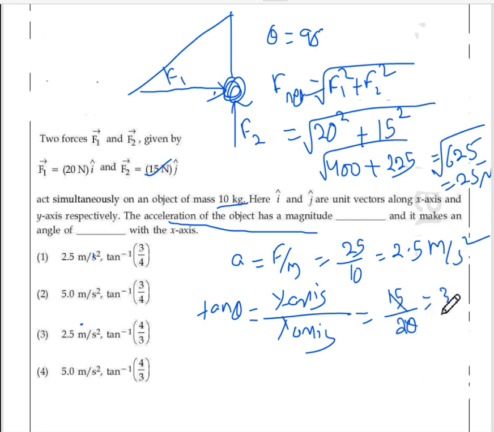So it will cancel and become 3 by 4. So theta will become simply tan inverse 3 by 4, which is option A, indicating that acceleration is 2.5 meter per second squared and theta is tan inverse 3 by 4. Okay, so we'll move to the next question.